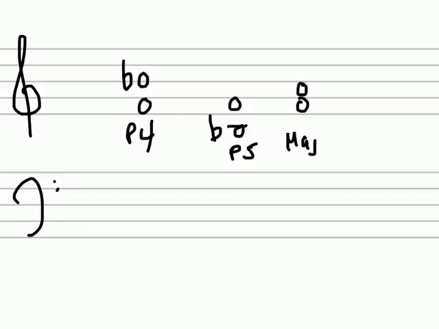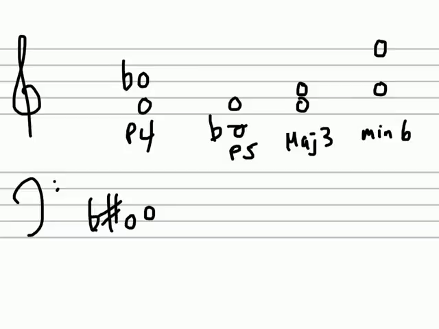Here, I've got a major third. When I invert this, it becomes a minor sixth. And now I'll show you this is a little trickier. That's a C sharp and a B flat.